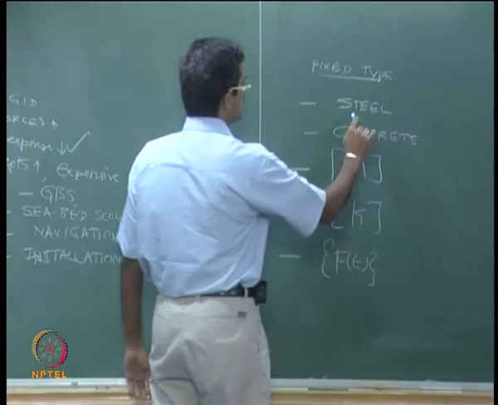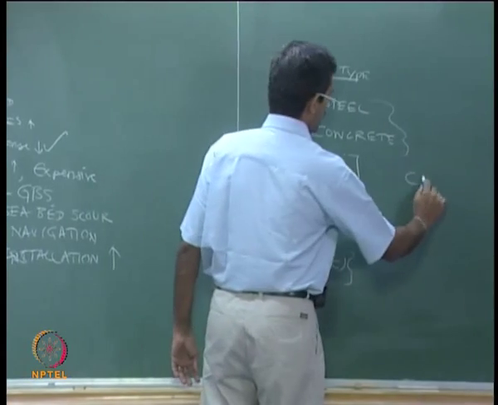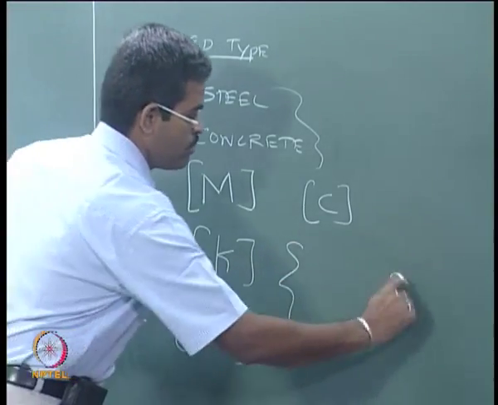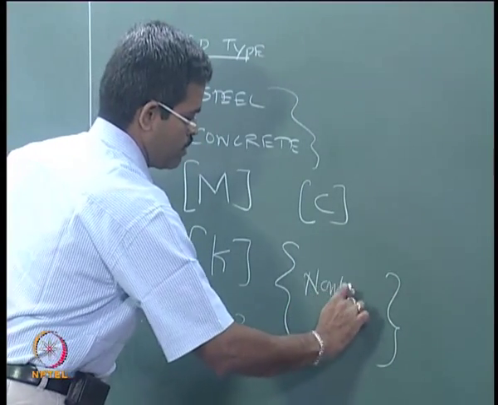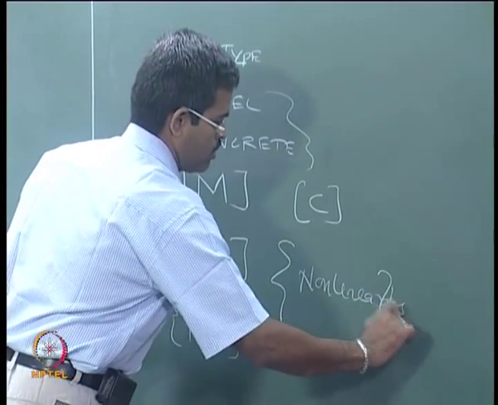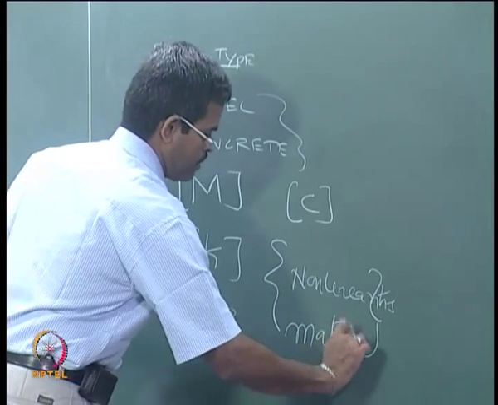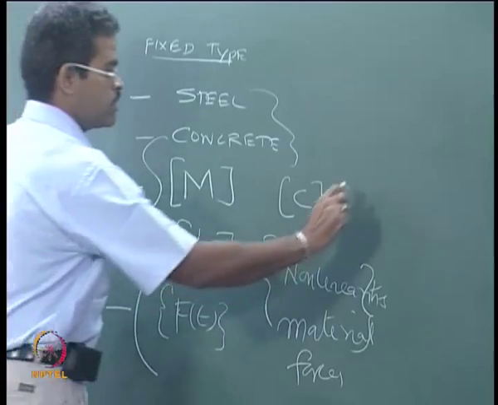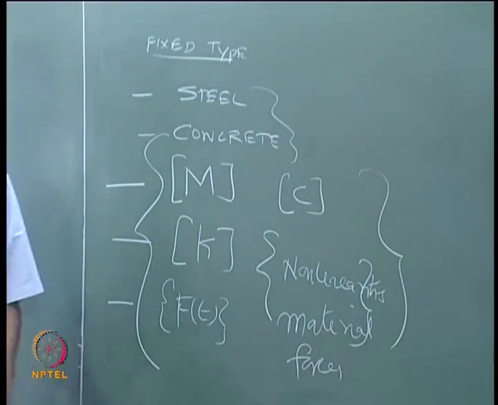When we talk about material, we talk about damping. We also talk about some of the non-linearities related to material and forces. So, these are all essential characteristics of a dynamic analysis.